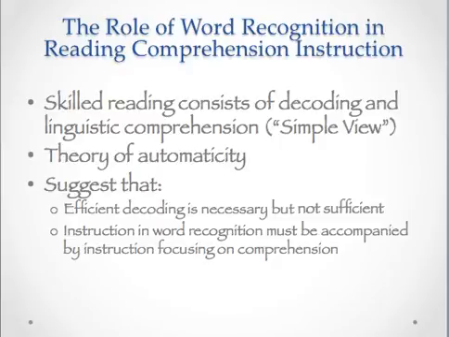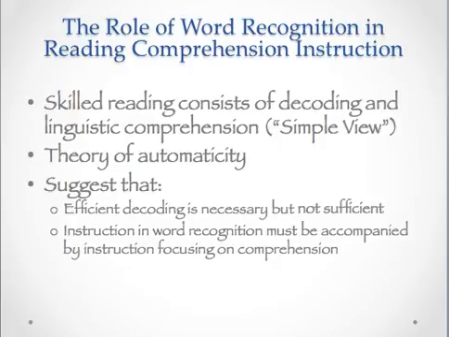Backing up, let's review a little bit about what contributes to reading comprehension, and in specific, the role of word recognition in reading comprehension instruction. We've been talking this entire semester about the simple view of reading, that skilled reading consists most simply of decoding and linguistic comprehension.